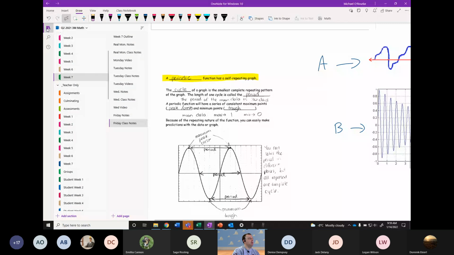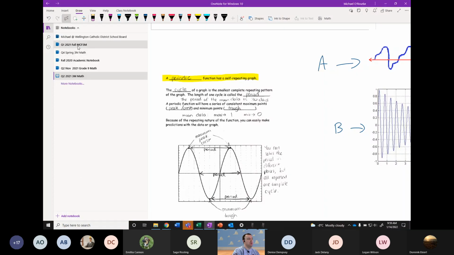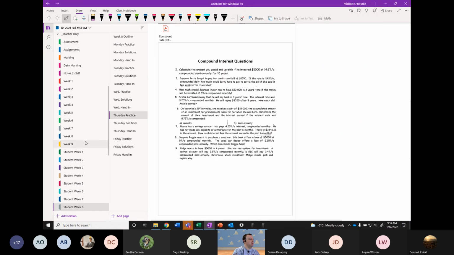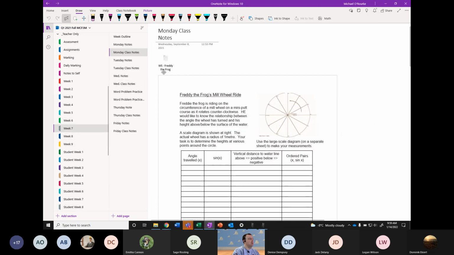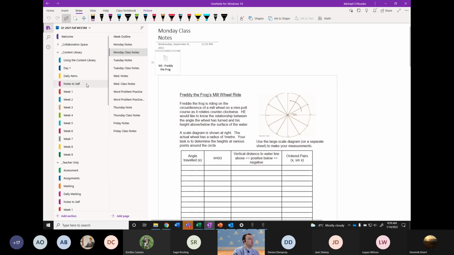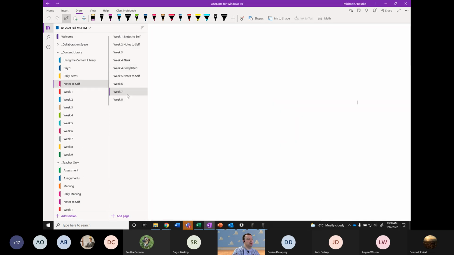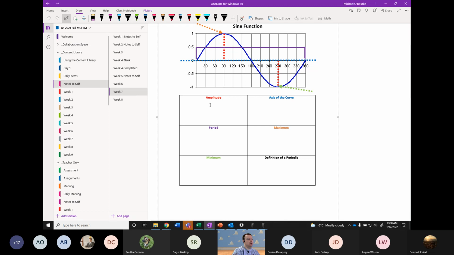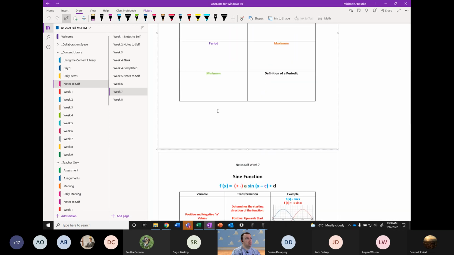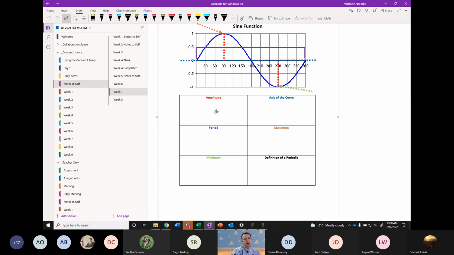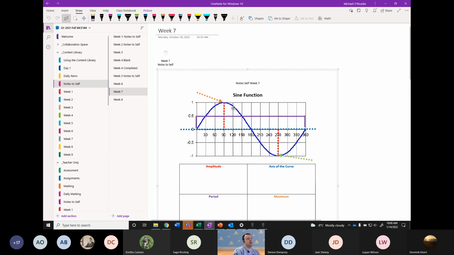A keeper piece of paper. Periodic functions or sine function is what it will be.